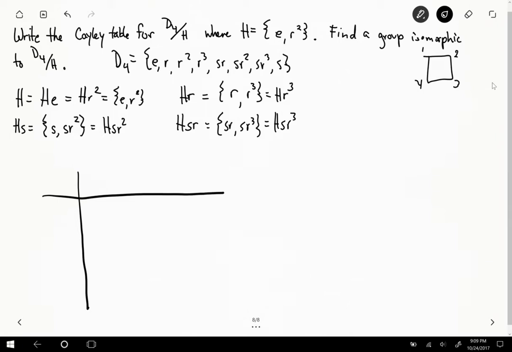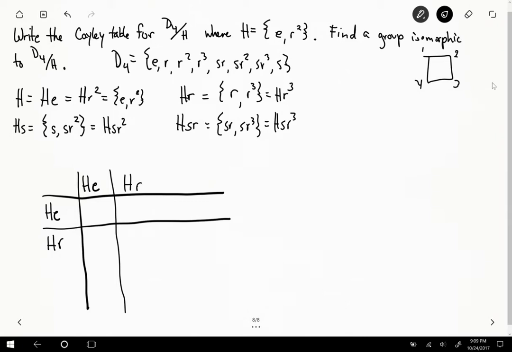Well, in our first case, we have HE, and we'll put HE here. And you could write that as H. You could write it as HR squared. It doesn't matter, as long as we're consistent throughout. And I'm going to take the simplest looking thing that there is. So we'll have HE, we'll have HR in our next position, just because that's a little bit simpler too.